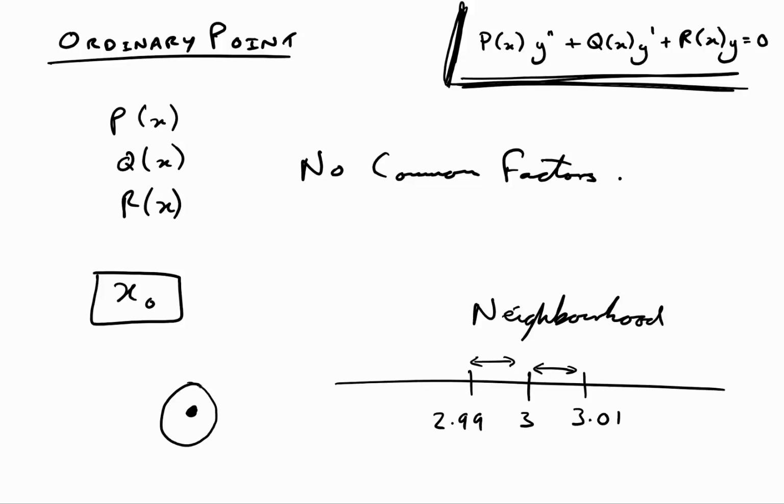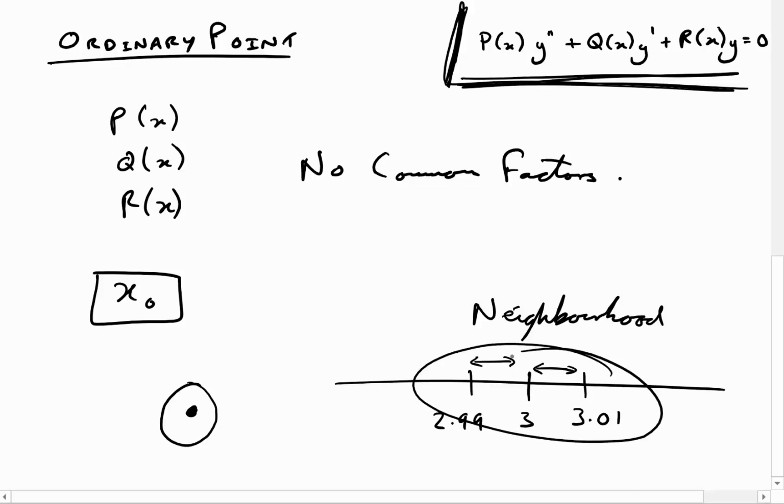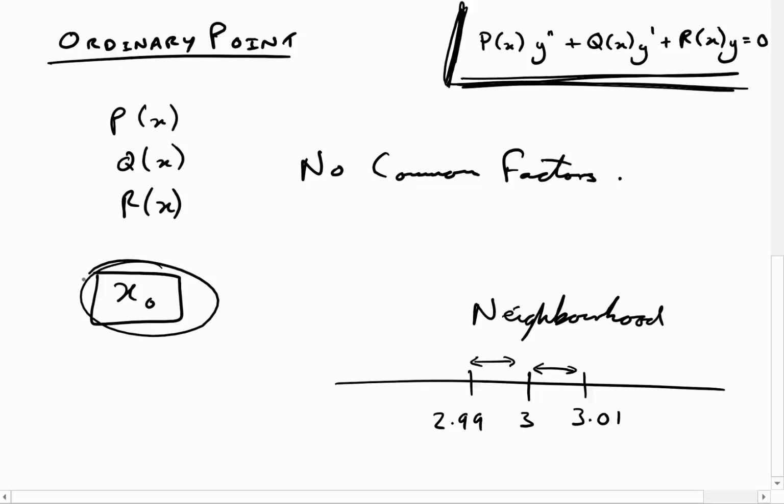But you wouldn't describe a house in Glasgow as being part of your neighbourhood. You're only looking at values that are very, very close to your point, to your house. So that's all a neighbourhood basically means. We're just considering a point x naught, and points which are very, very close to x naught.